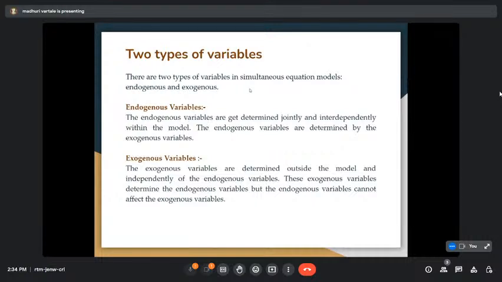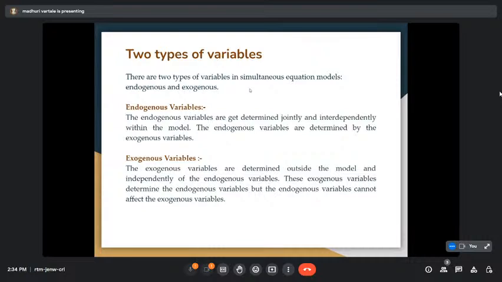Okay, so such an equation has two kinds of variables. First, the endogenous variables, and second, the exogenous variables. The endogenous variables are determined jointly within the model.